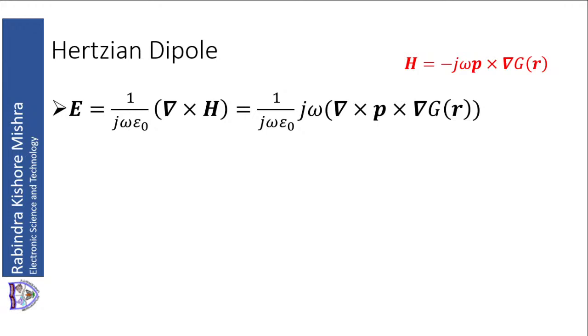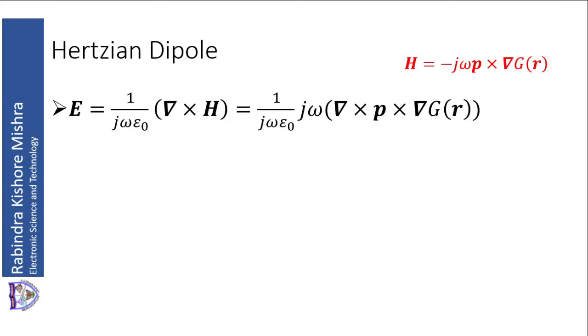In the source free region, J is equal to 0. So curl H is equal to dou D by dou t, which is epsilon 0 dou E by dou t, and dou E by dou t is j omega E. This comes from Maxwell's equation for the time harmonic field.